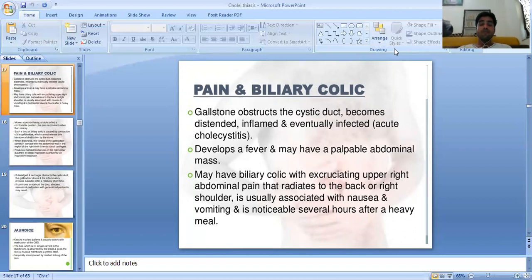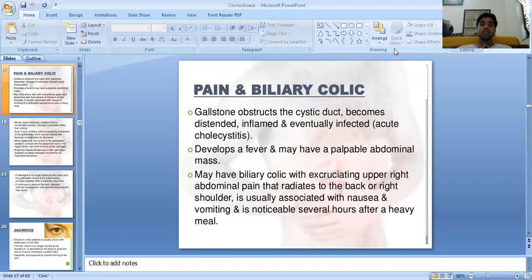Pain and biliary colic. Gallstones obstruct the cystic duct, which becomes distended, inflamed, and eventually infected. Acute cholecystitis develops with fever and may have a palpable abdominal mass.